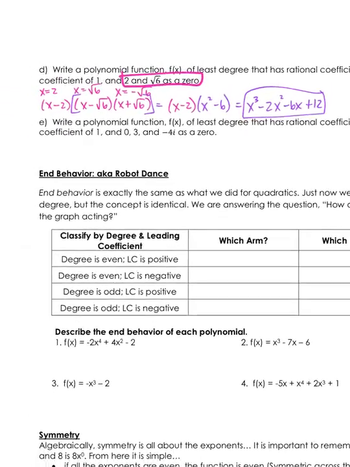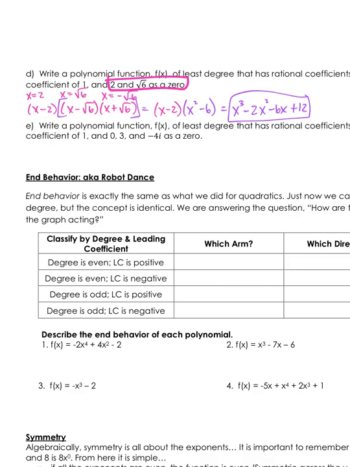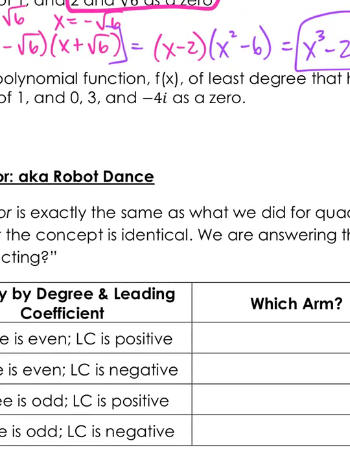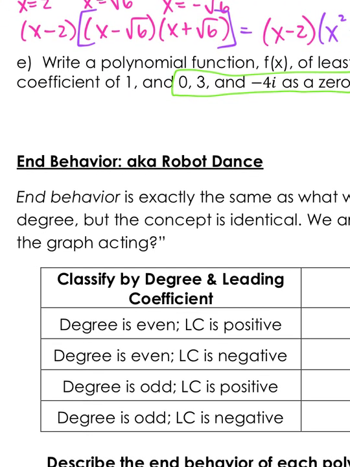All right, let's do that one more time. So polynomial, least degree, rational coefficients, leading coefficient of 1, and then here's what we really care about. 0, 3, and negative 4i are my zeros. So I'm going to write x equals 0, x equals 3, x equals negative 4i, and then this is where our complex conjugate theorem comes into play.